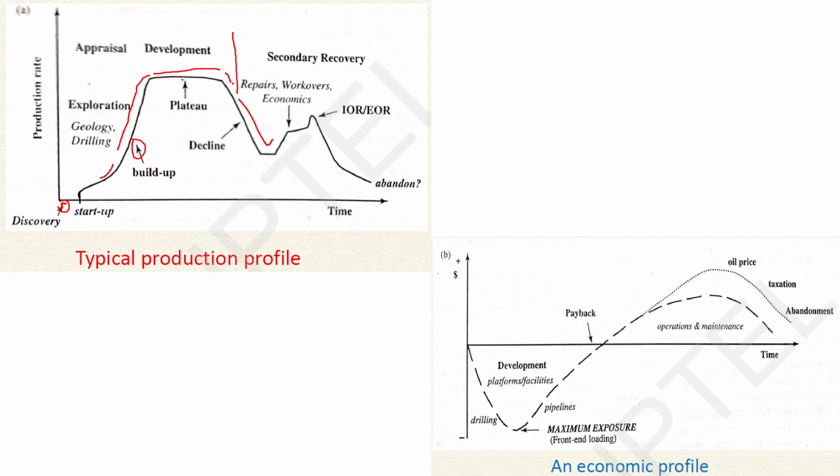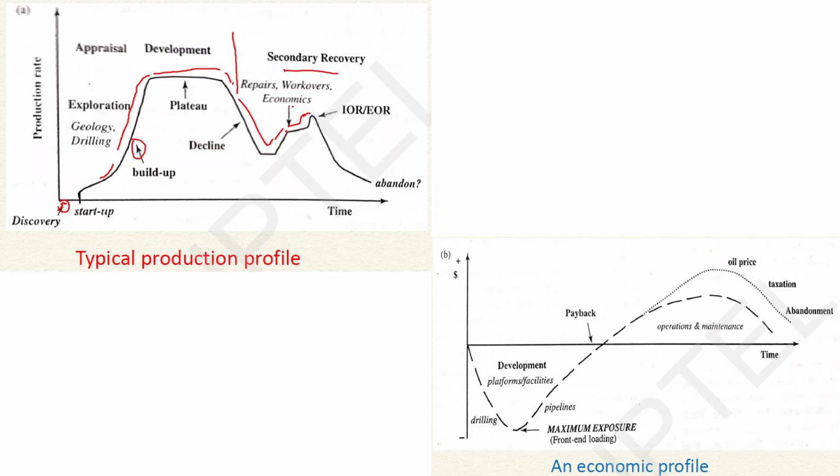we are not able to extract oil using these natural methods, then comes the secondary recovery method, and all the secondary recovery methods we can use, due to which the production rate will increase while we use this secondary recovery. But as I told, most of the oil is recovered from the natural drive only.